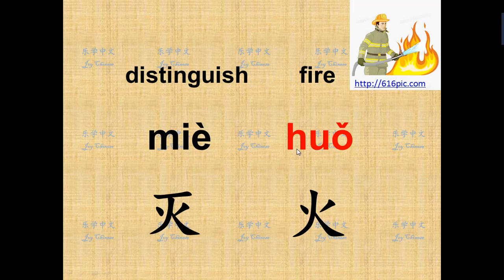It's a combination of h and uo, third tone. Huǒ means fire. Again, you can combine these two together, which means extinguish the fire. 灭火.